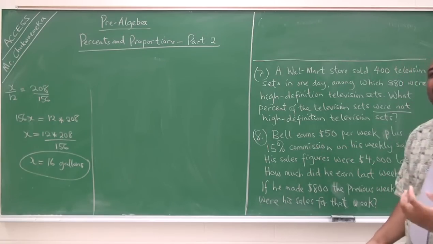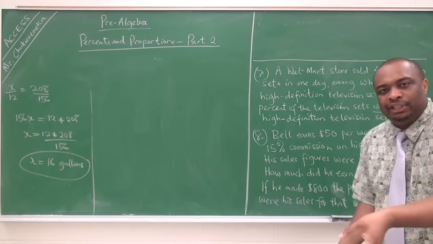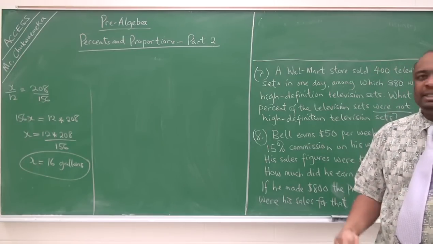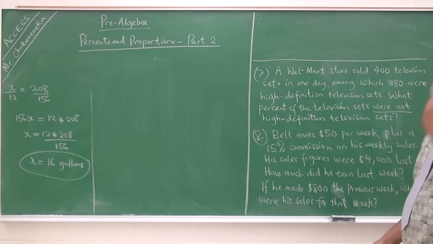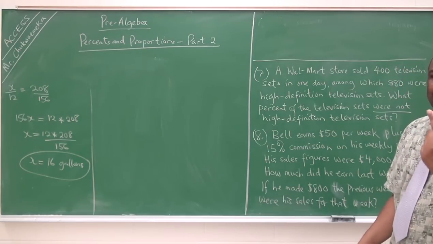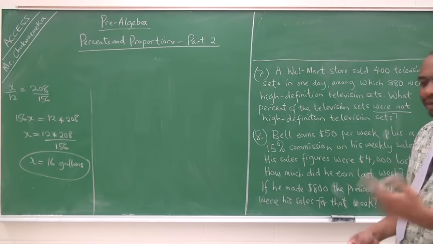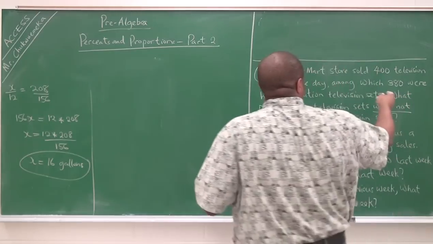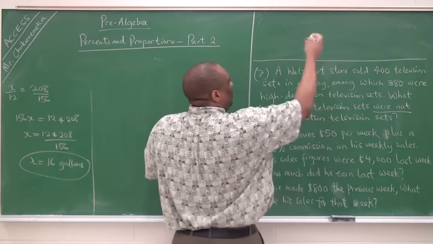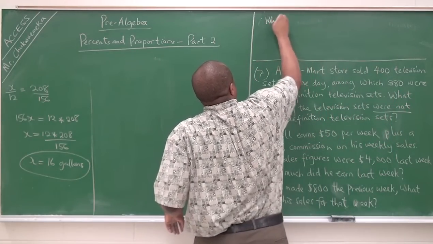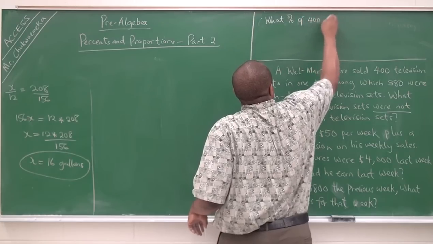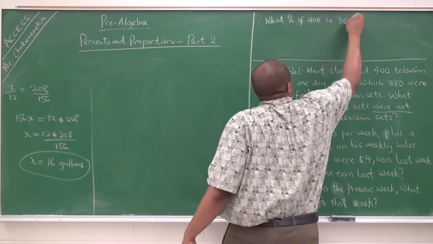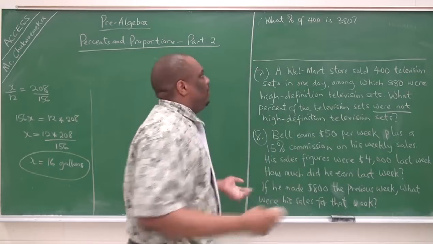Then if we can find how many of those television sets were high definition TVs, we can now find how many were not. That is one way you can do it. I will teach you another way you can do it. So you can first of all say, what percent of 400 is 380.